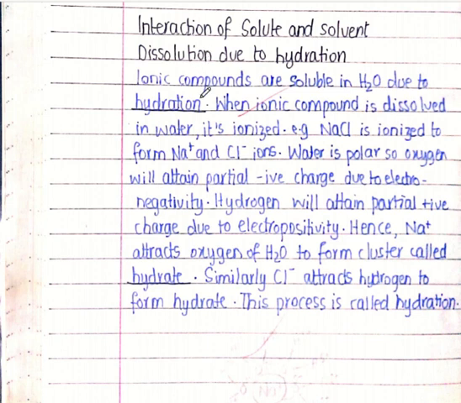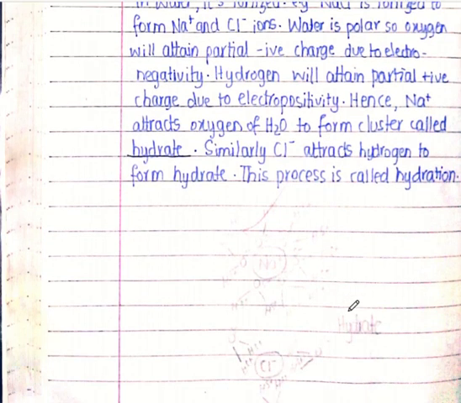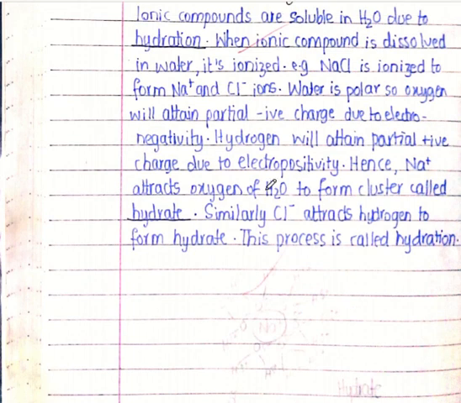For example, water. I have quoted a very common example which you have studied in almost all the chapters. And the non-polar substances are those which don't have any partial positive or partial negative charge on them. For example, hydrogen gas, oxygen gas, etc. There are so many other examples, but I have quoted the most common examples so that you have a clear concept of polar and non-polar compounds.